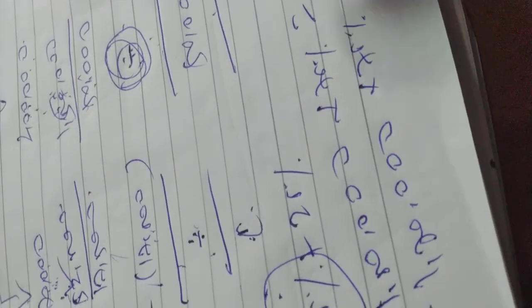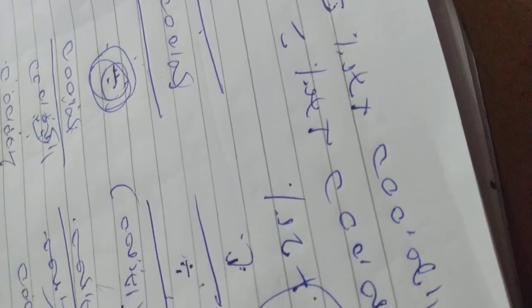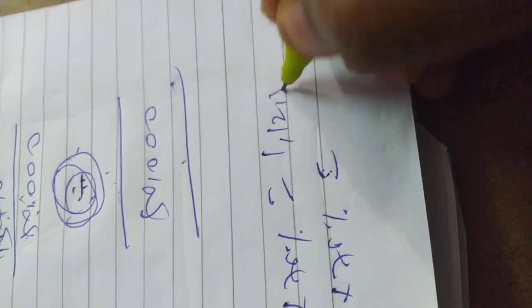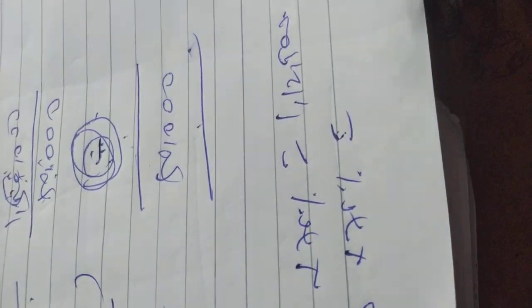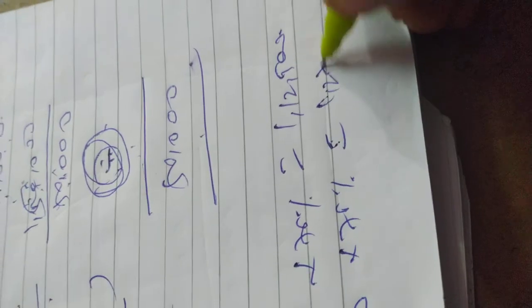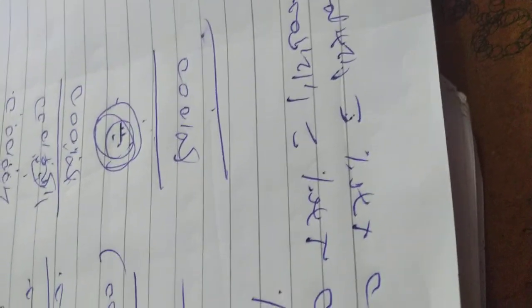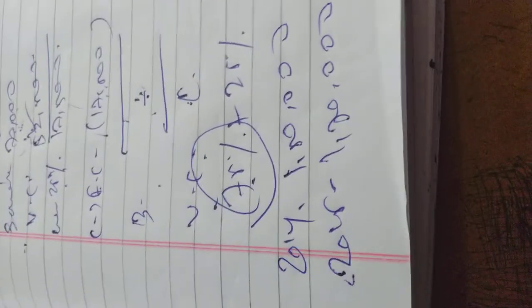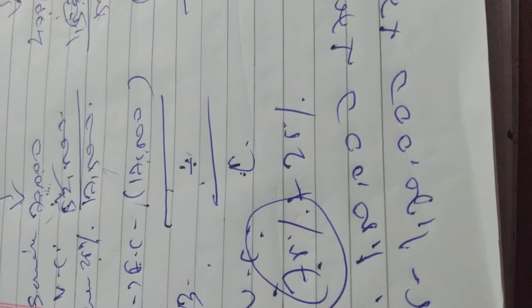Into 75 percentage equal to my variable cost. 1,50,000 into 75 percentage equal to variable cost: 1,12,500. 1,70,000 into 75 percentage equal to variable cost: 1,27,500. Okay, this is my variable cost. So with this the problem is over. We'll go to the next problem.